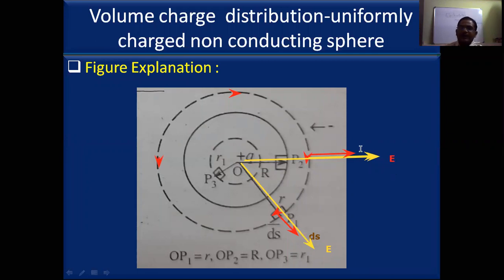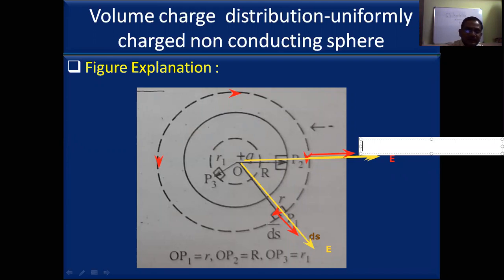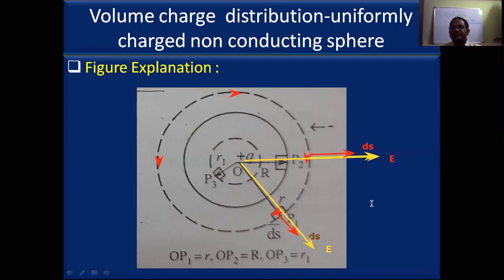Here also E bar and dS bar are shown. If you take any point on the surface, the direction of field strength is normally outwards, radially outwards like this. The E bar direction will be like this.